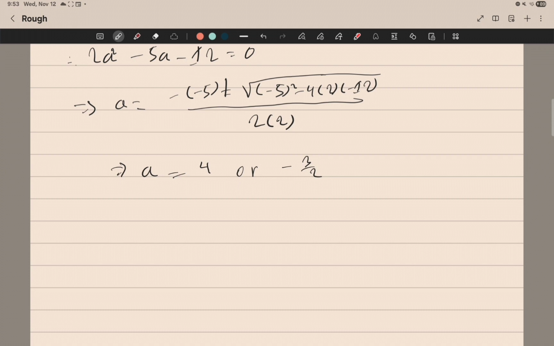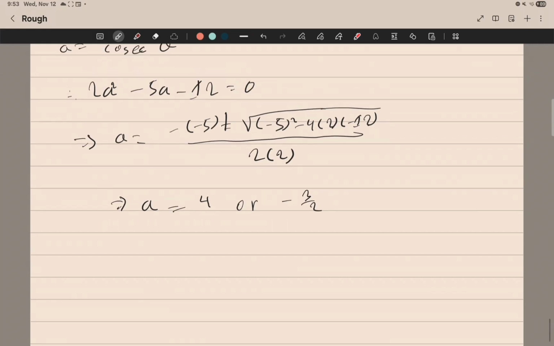Select 2, which is polynomial, and then select the degree. As here it is a square, just press 2. And just put in this equation and you will get the answer.